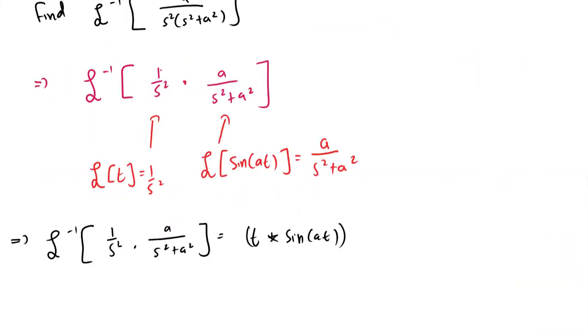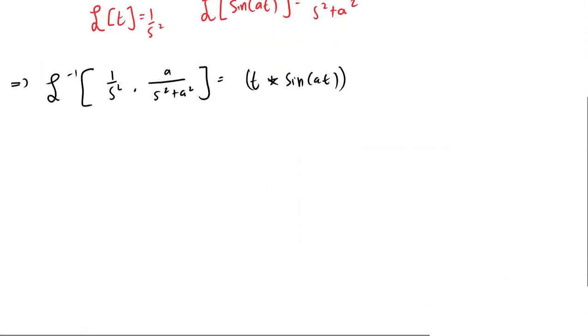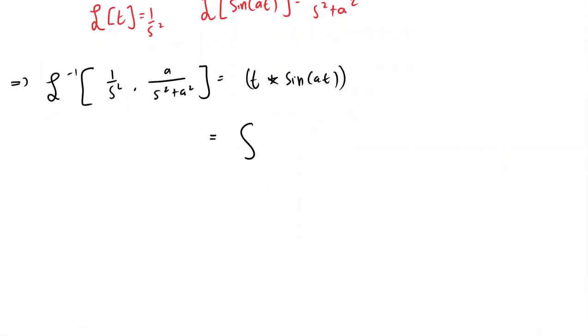So let's simplify this. By definition, this is going to be the integral from 0 to t of what? We have a choice where we put the tau. So let's say we put the tau on the sine because it's simpler. So let's write this as sine of a tau times t minus tau, d tau.